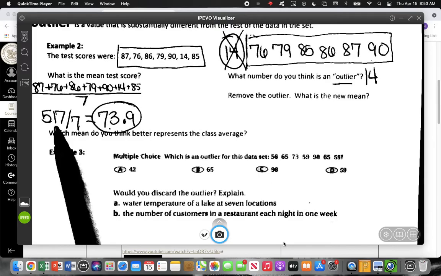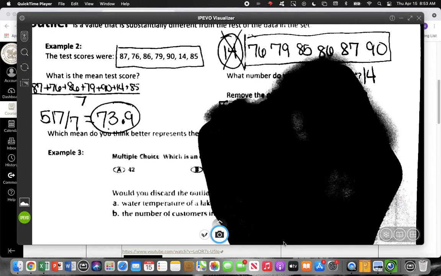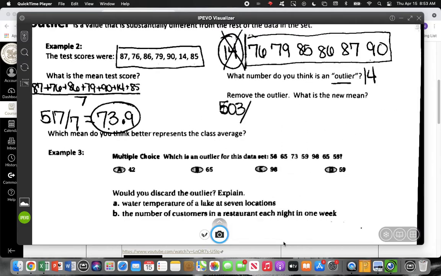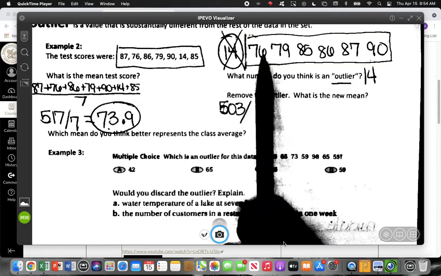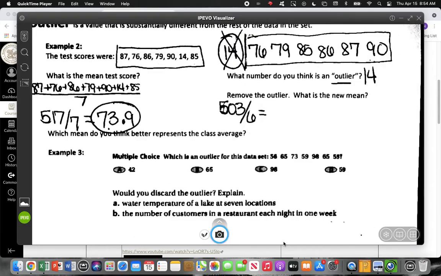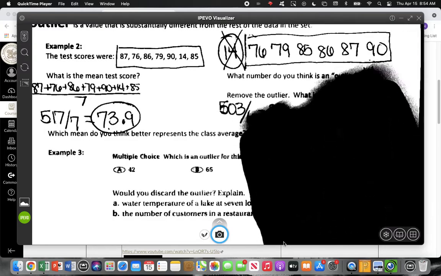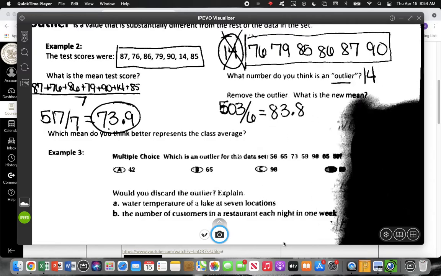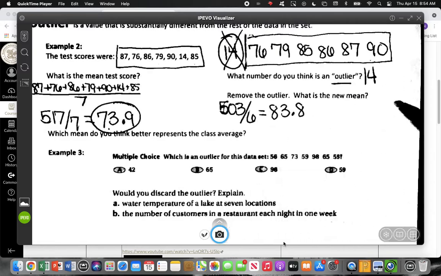That would actually be 503. Now how many scores are there? It's not out of 7, it's out of 6. So 503 divided by 6. This time I get an average of 83.8. Do you think this looks more like a representation of the scores that we see here?